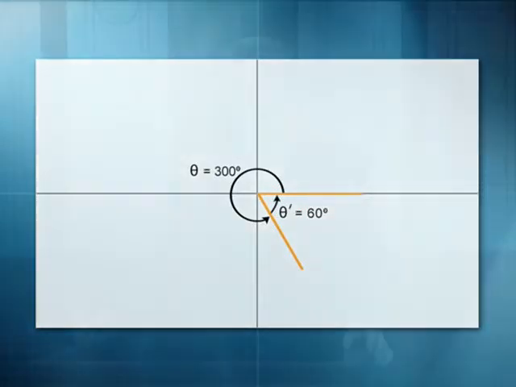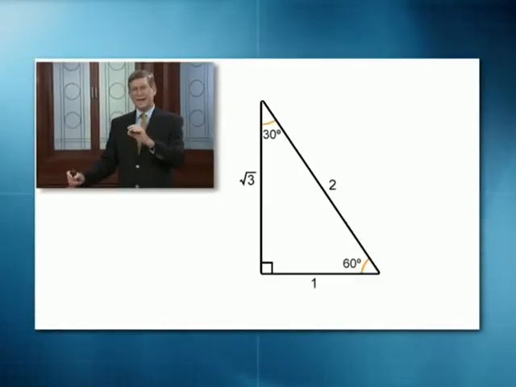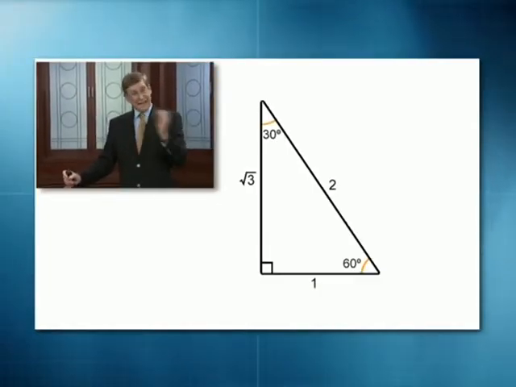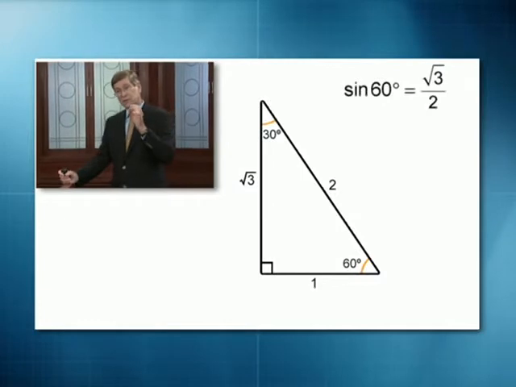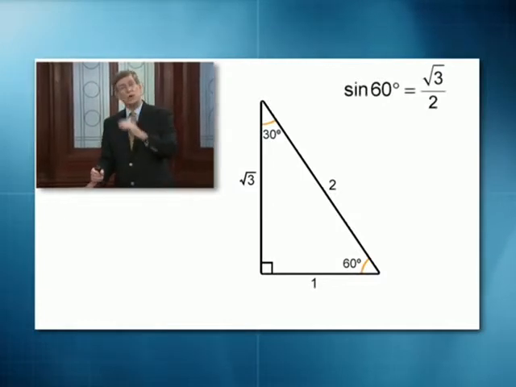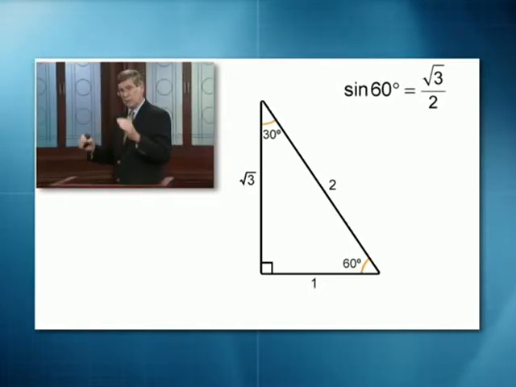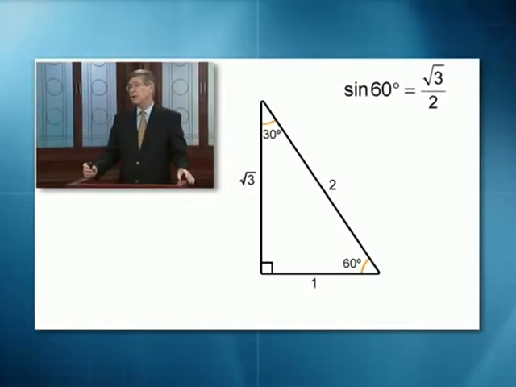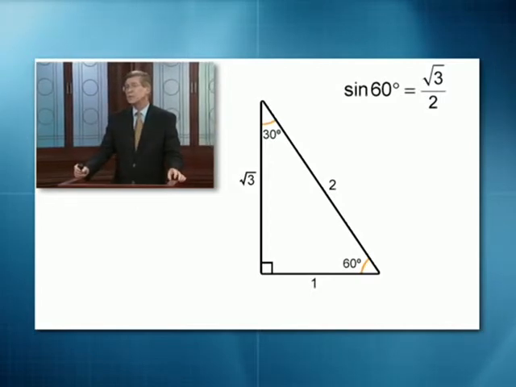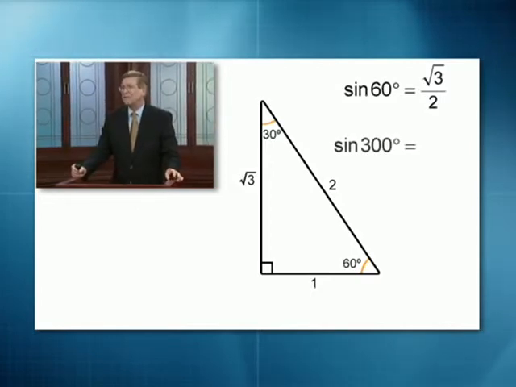Now, we're pretty comfortable with 60-degree angles. We studied the 30, 60, 90 right triangle last lecture, and we discovered that the sine of 60 degrees is square root of 3 over 2. That was one of those important triangles and an important angle, 60 degrees. The sine is square root of 3 over 2. Is that the sine of 300?